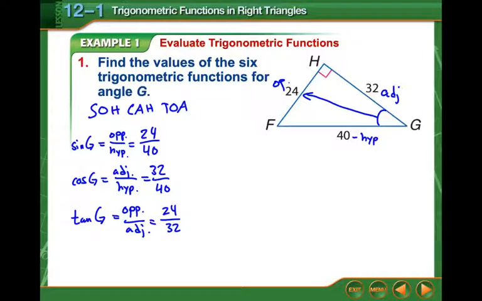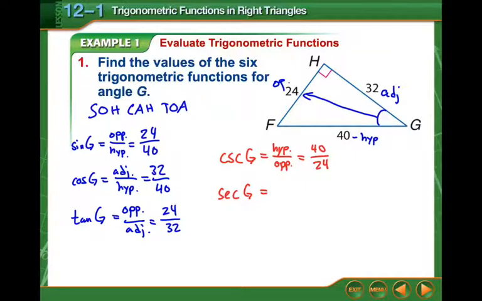So cosecant is first. It is abbreviated CSC, and it goes along with sine. So it's going to be the hypotenuse over the opposite, which just takes what sine's fraction is and flips it. So 40 over 24.